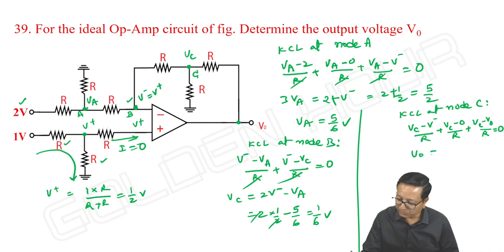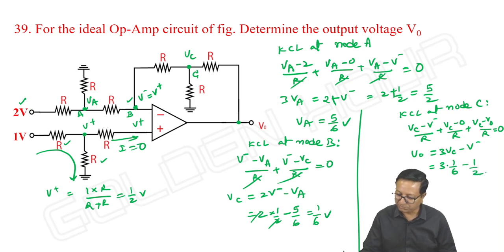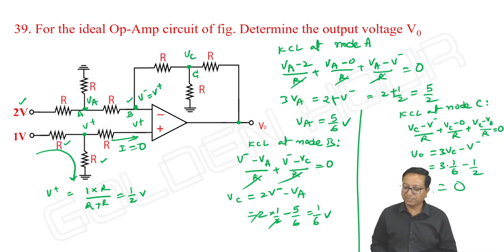So V output is equal to 3 VC minus V minus. 3 into VC, which is 1 by 6, minus V minus, which is 1 by 2. So the final answer is 0. That's it.